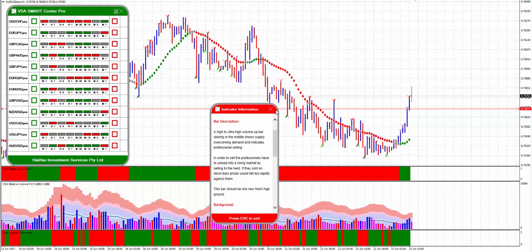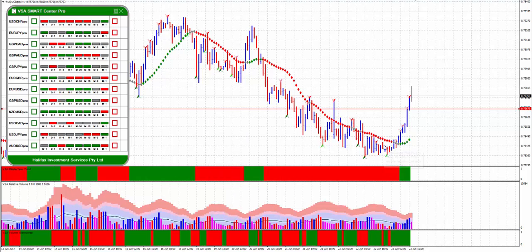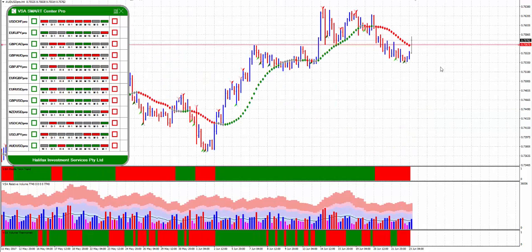Okay, so a buying climax. It's a maneuver by the professional money, all right, to get the herd, the retail traders, into a trade. Okay, so very interesting times now for the Aussie. Let's see what is going to happen over the next few hours.